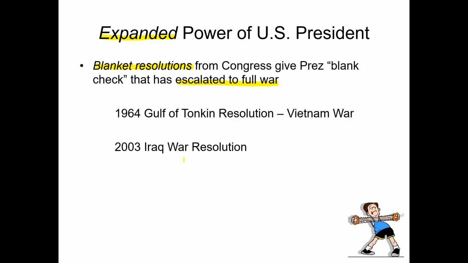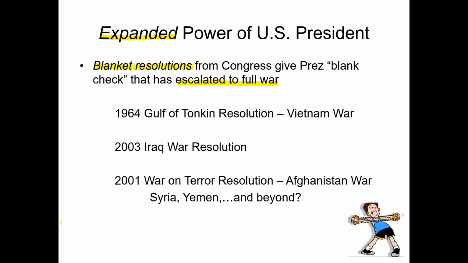Also, it stirred up the Sunni versus Shia divide of Islam, which has been very conflictual ever since. Got caught in that civil war and then that has spread to other states. Now, the 2001 War on Terror resolution was kind of what started that, and that was almost unanimous, particularly in the aftermath of 9/11.